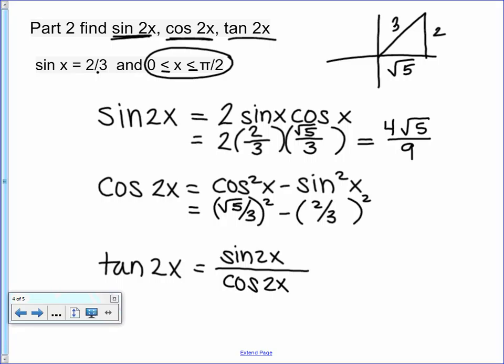Square root of 5 times the square root of 5 is 5. 3 times 3, 9. Minus 2 times 2, 4. 3 times 3, 9. Yes, you do need a common denominator when you're subtracting, but we do. 5/9 take away 4/9 equals 1/9.